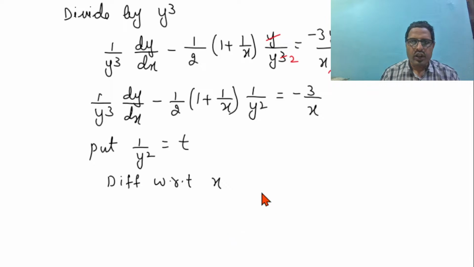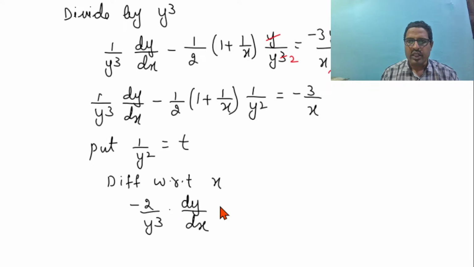So we are differentiating this with respect to x. Differentiation of 1 by y square will be minus 2 by y cube into differentiation of y with respect to x, which is dy by dx, is equal to, on the right hand side, derivative of t with respect to x, which is dt by dx.